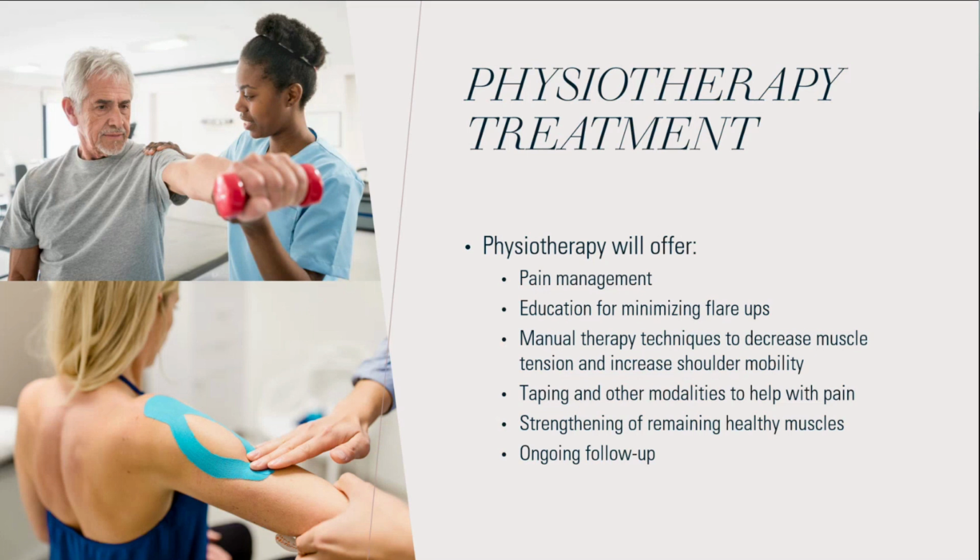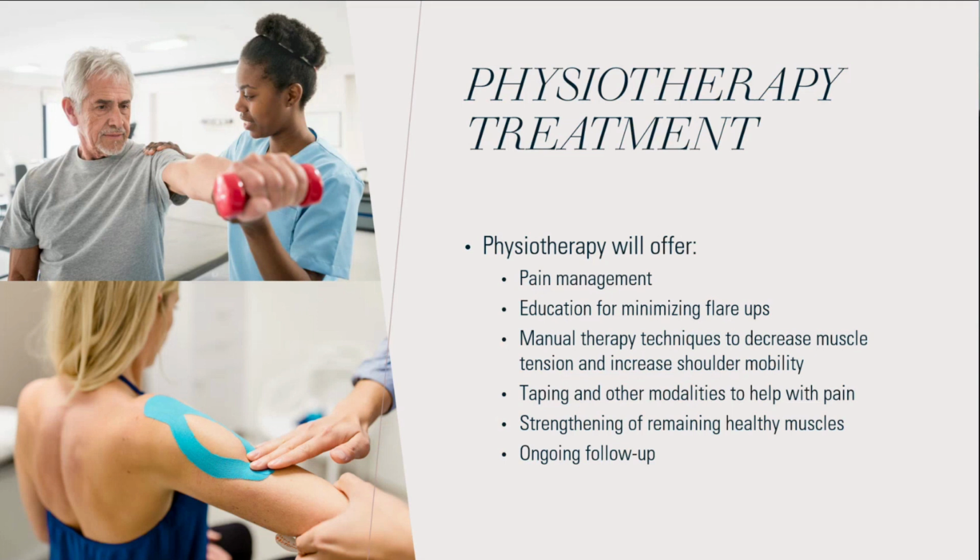So we would use a combination of education on the condition, and how to help minimize flare-ups so that you're not having significant pain. We use things like tape and other modalities, so ultrasound, IFC, TENS. Some of us do acupuncture. We use heat, ice, all those types of things to try and help manage the pain.